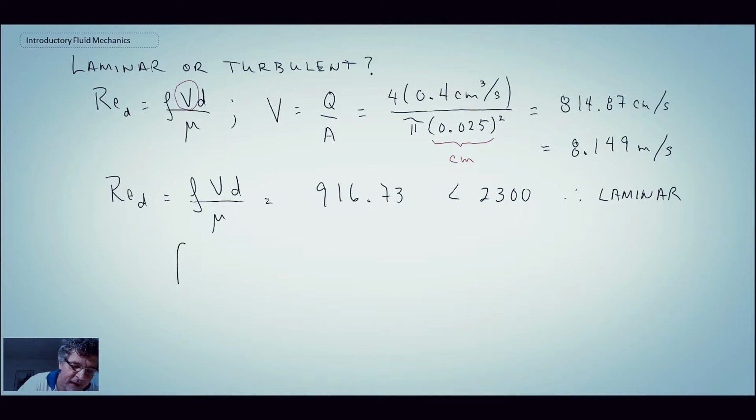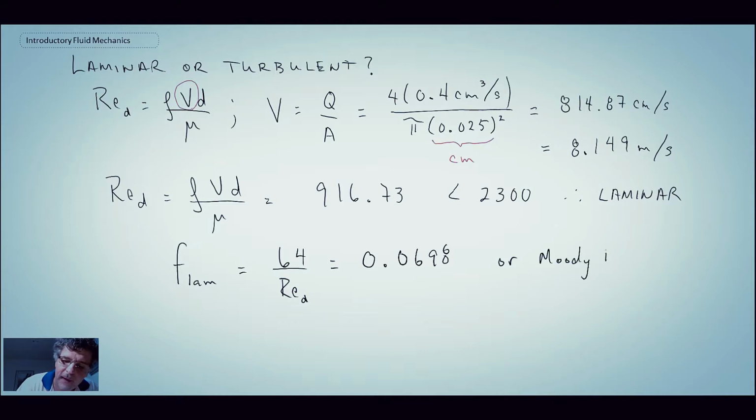The friction factor for laminar flow is a very clean relationship. It's just 64 divided by the Reynolds number based on diameter, which gives a number of 0.0698. Alternatively, you can also get that from the Moody diagram. I won't do it here because it's a relatively straightforward calculation, but you could also obtain that number from the Moody diagram.